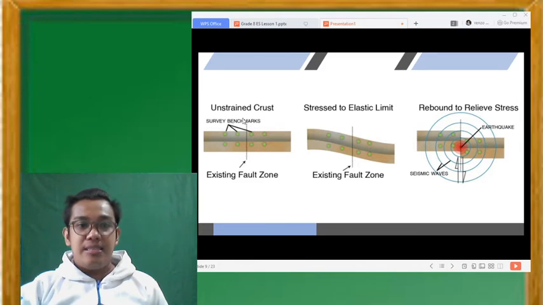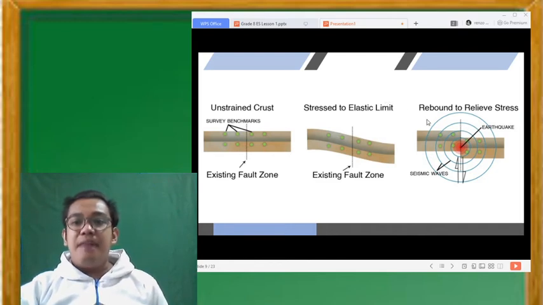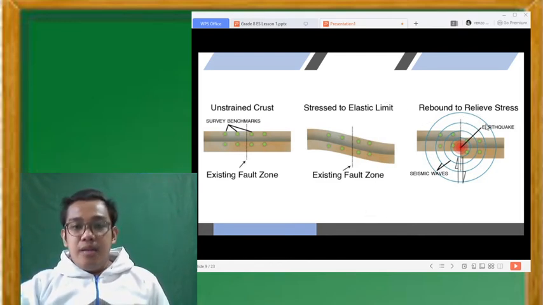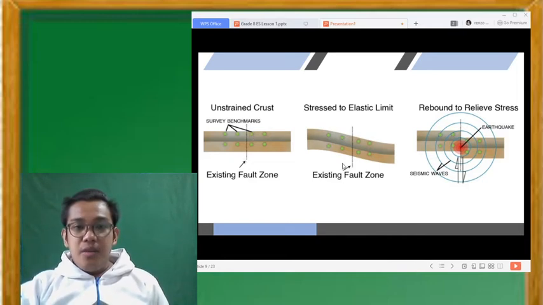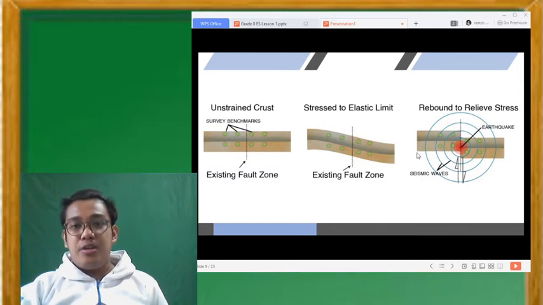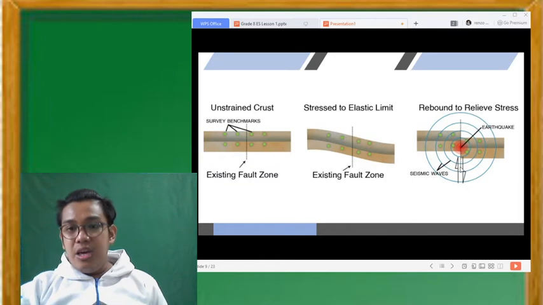We have an unstrained crust, then we have stress to the elastic limit, and we have rebound to relieve stress. So in this table, we have here the existing fault zone, so you can locate it here. For the stress to the elastic limit, you can locate it here. And for the rebound to relieve stress, you can locate it here.